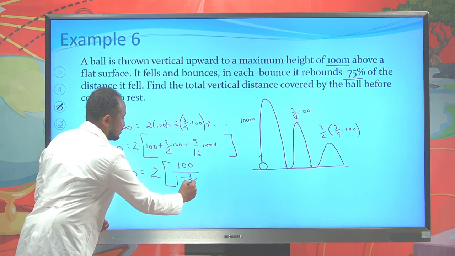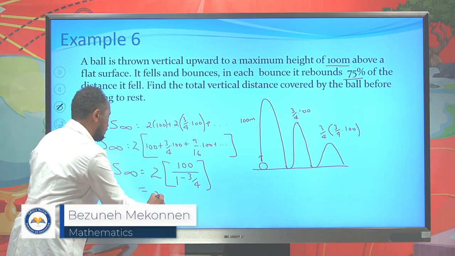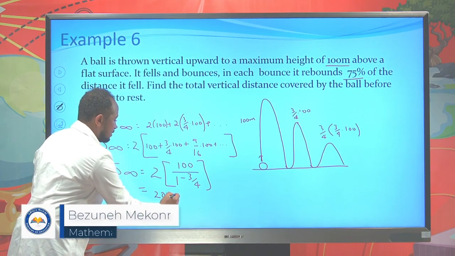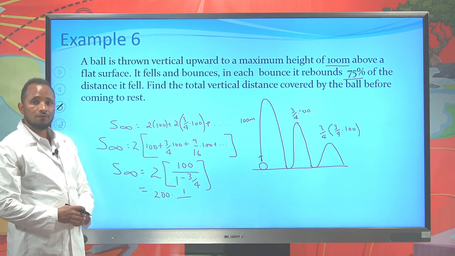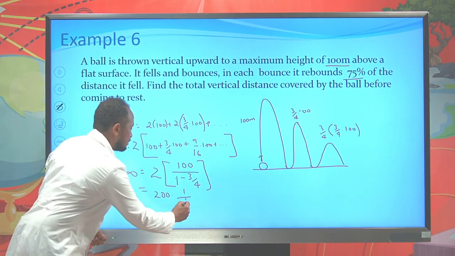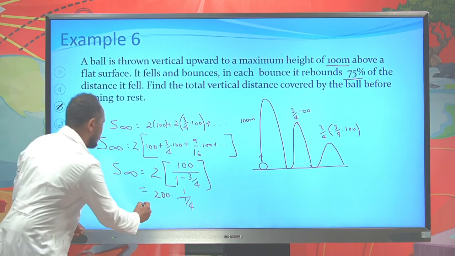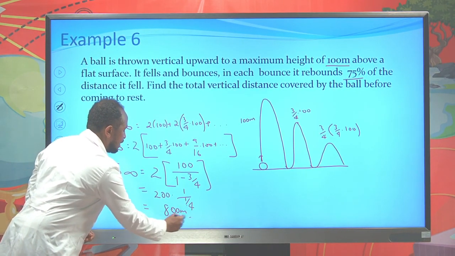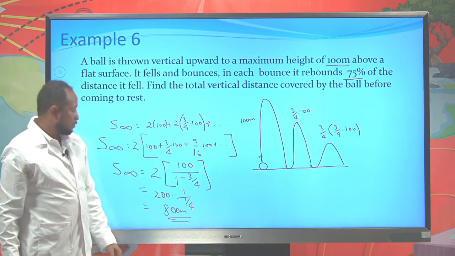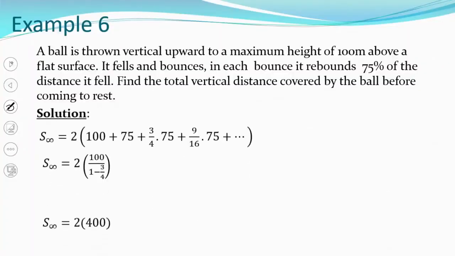So this is 200 times 1 over 1 minus 3 over 4, which is 1 over 4. Taking the reciprocal and multiplying by 200, you get 800 meters. So the total distance traveled by this ball is almost 800 meters. This is the final answer.